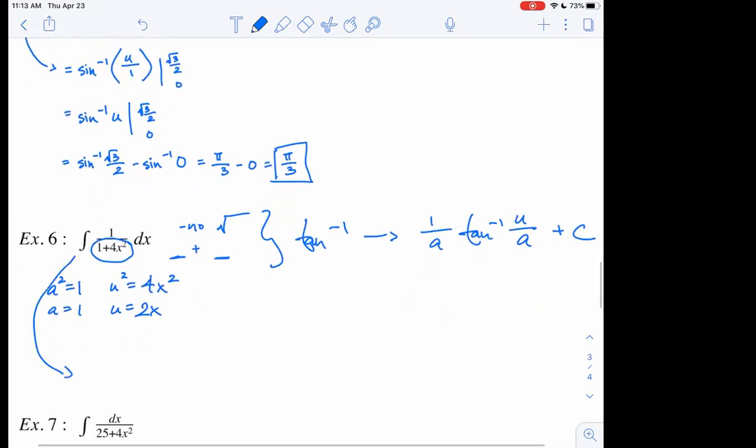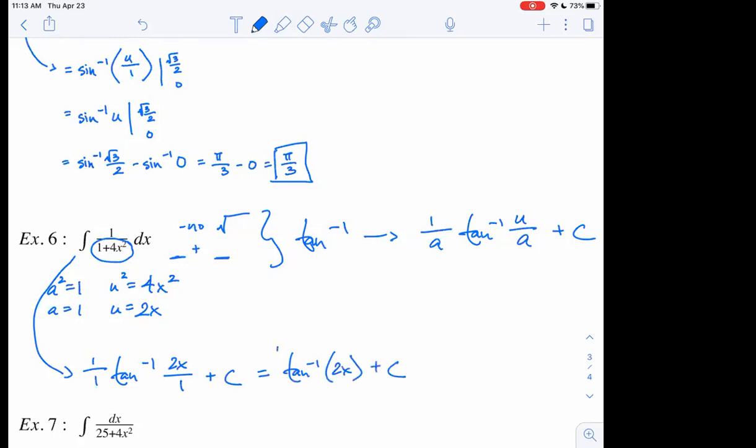And so let's plug everything into the formula. I'll get 1 over 1 arctan of 2x over 1 plus C. Or I can just say arctan of 2x plus C. All right, so different formula, but straightforward in the sense that if you can identify your A and your U and you just plug them in, then you'll be able to get to your answer. So it's more about recognizing it than it being harder, okay?